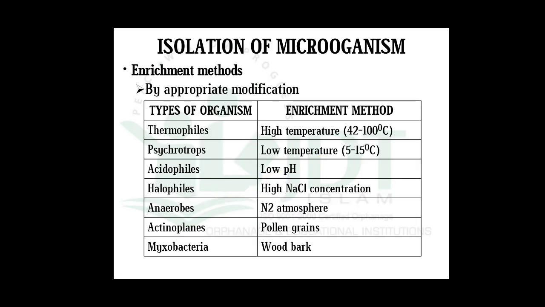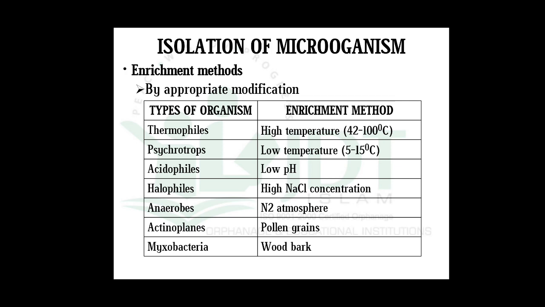So different types of microorganism can be isolated by giving their environmental condition, like for thermophiles by using high temperature, that is 40 to 120 degrees Celsius. For psychrotrophs, which are the organisms which will grow at low temperature, by giving a low temperature of 5 to 15 degrees Celsius, only the organism which will grow at that temperature will be there in the culture media.